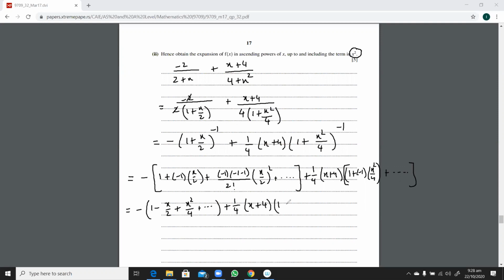Don't panic here. 1 minus x squared over 4 plus dot, dot, dot. This is an easy thing, but very lengthy and testing your nerves. You must be sure why I have just written two terms, because I have told you and am telling you again that if I write the next term, the power on it would be 4, in which we are not interested.